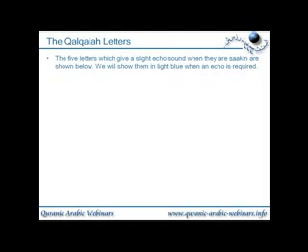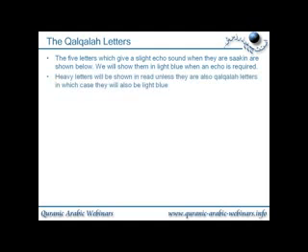5 of the letters which give a slight echo sound when they are sakin are shown below. And we will show them in light blue when an echo is required. Heavy letters will be shown in red unless they are also qalqala letters, in which case they will also be light blue.